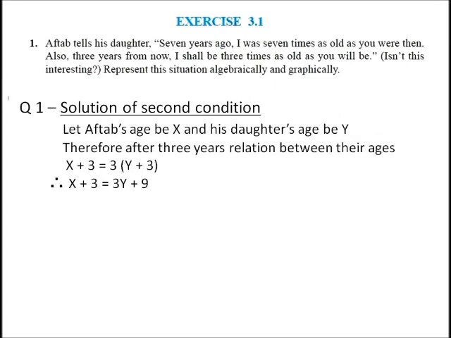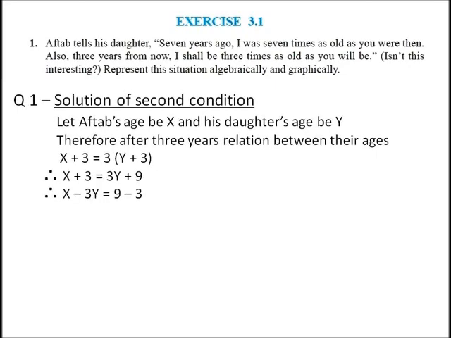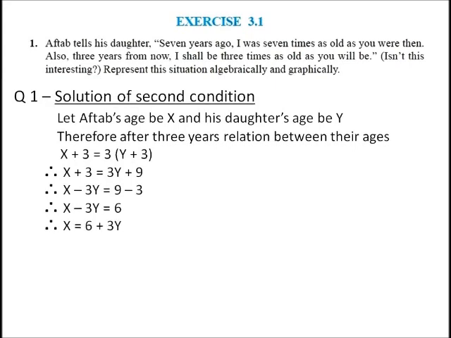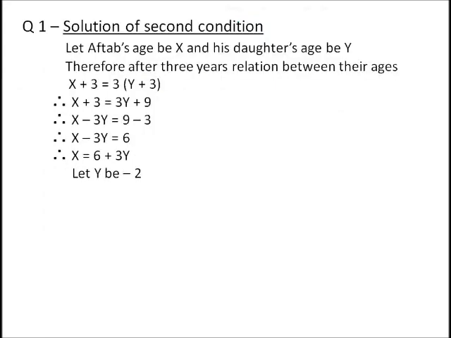Therefore, x plus 3 is equal to 3y plus 9. Now taking plus 3 to the right hand side and plus 3y to the left hand side, x minus 3y is equal to 9 minus 3. Therefore, x minus 3y is equal to 6, as 9 minus 3 is equal to 6. Now taking minus 3y to the right hand side, x is equal to 6 plus 3y.